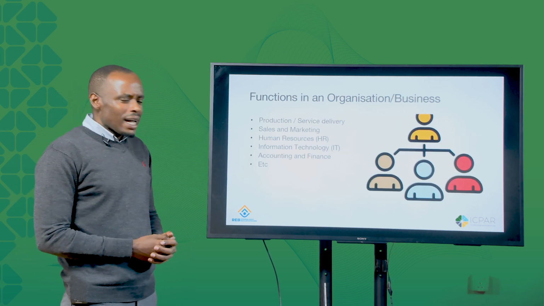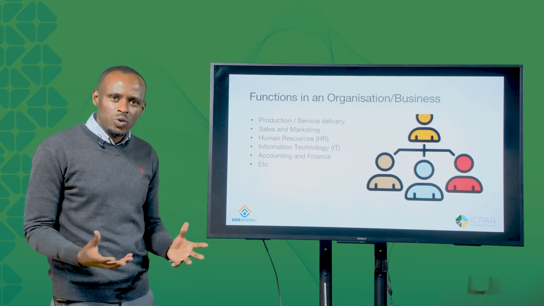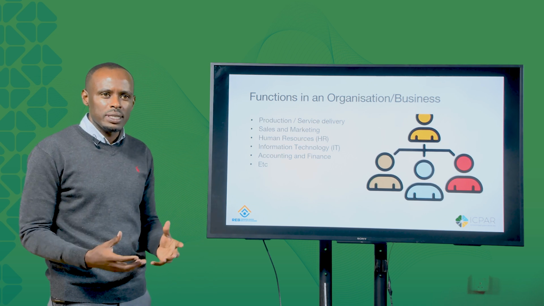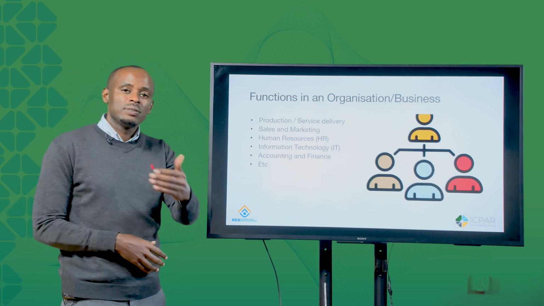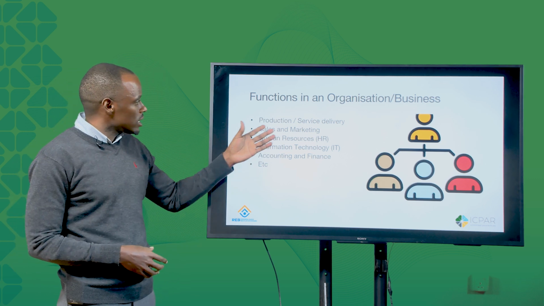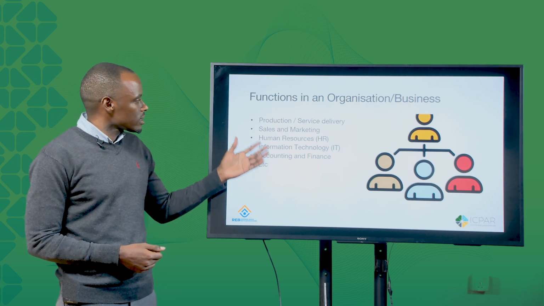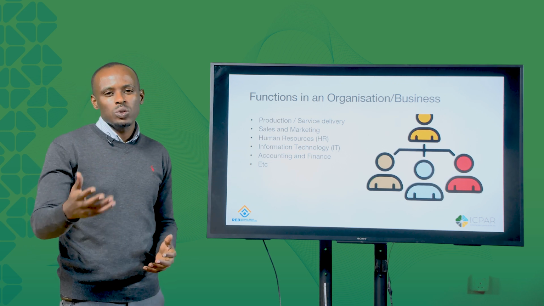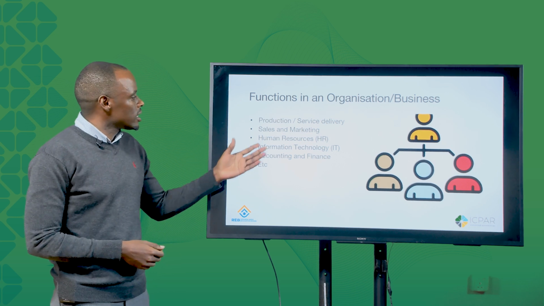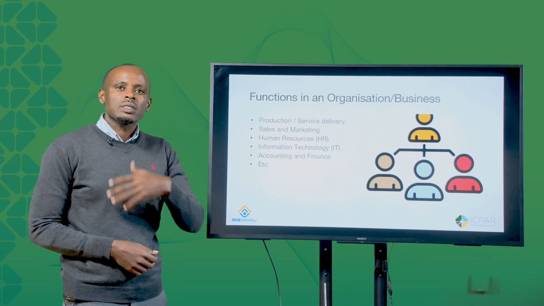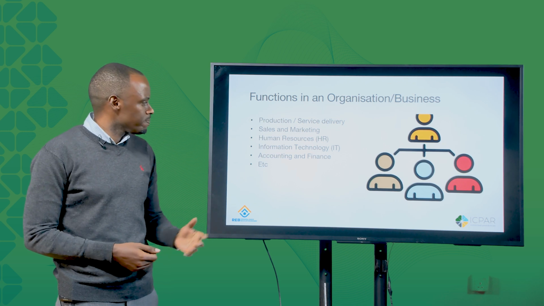Now, what are the different functions in a business? What are the different roles in a typical business? In an average business, you will find different departments and roles, which include production or service delivery, depending on the nature of the company. The sales and marketing department, usually charged with ensuring that the company is known outside. The human resources department, usually charged with ensuring that people are effectively managed.